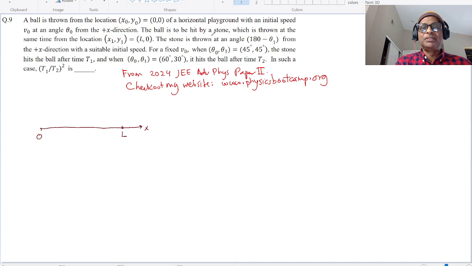The balls are going to hit depending on how they're thrown, right?